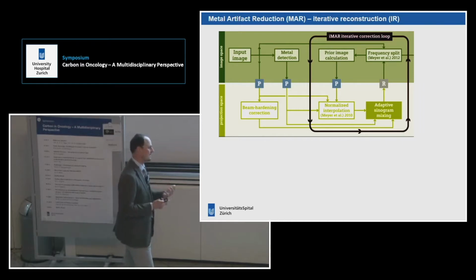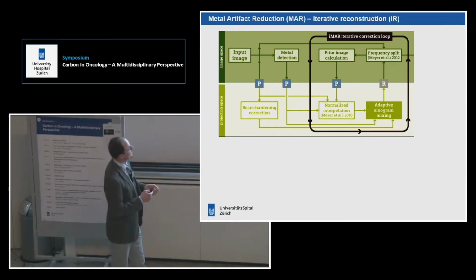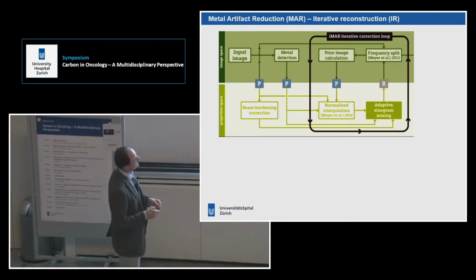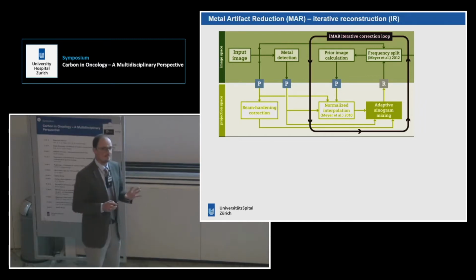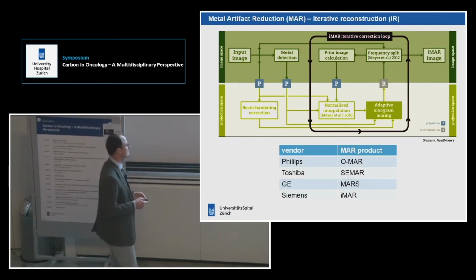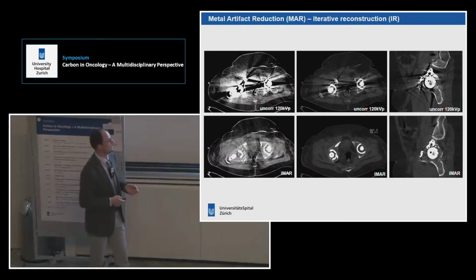That's actually a mathematical process which tries to reconstruct the image with only a certain amount of data coming in, and tries to interpolate and get normalized data from a pre-data set to generate images that are fairly devoid of artifacts. There are actually different solutions from different vendors. Siemens is in here, but all those big vendors have come up with those iterative reconstruction algorithms.